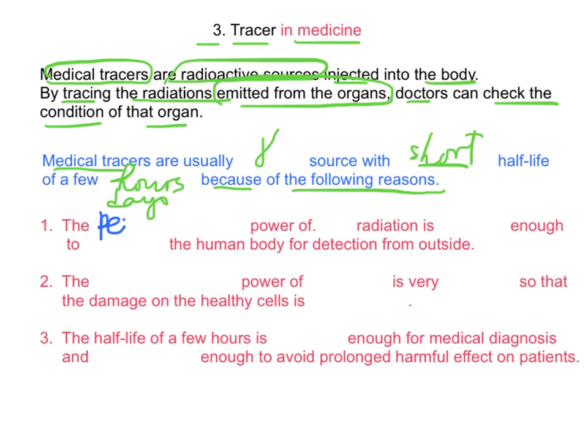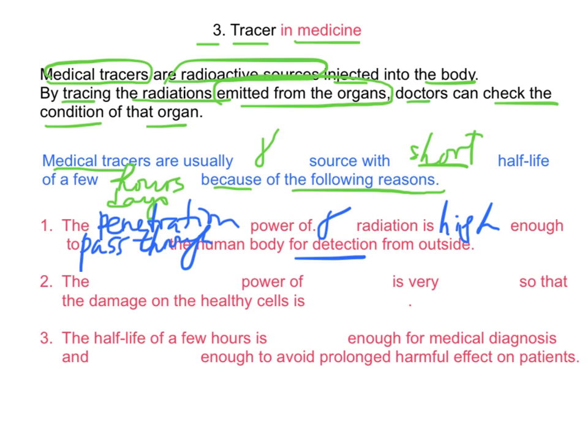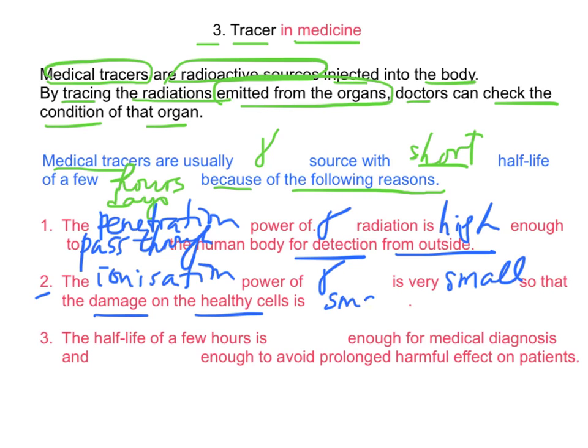The penetration power of gamma radiations is high enough to pass through the human body for detection from detectors placed outside. Also, the ionization power of gamma waves is very small, so that the damage on the healthy cells is small.